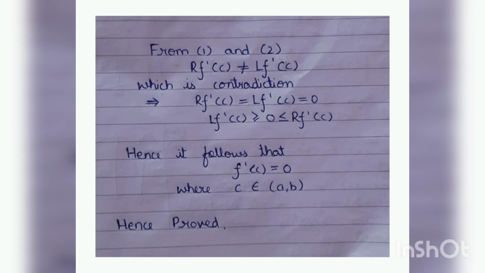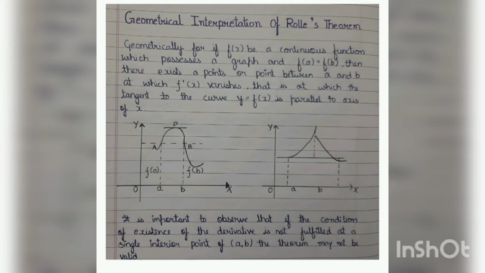Now, we will talk about the geometrical interpretation of Rolle's theorem. Geometrically, if f(x) is a continuous function which possesses a graph and f(a) is equal to f(b), then there exists a point or points between a and b at which f'(x) vanishes, that is, at which the tangent to the curve y = f(x) is parallel to the x-axis.